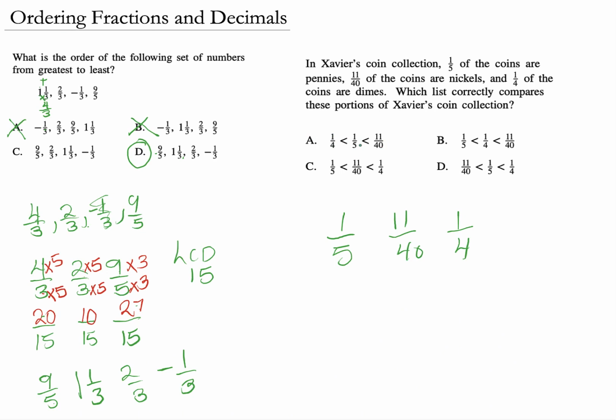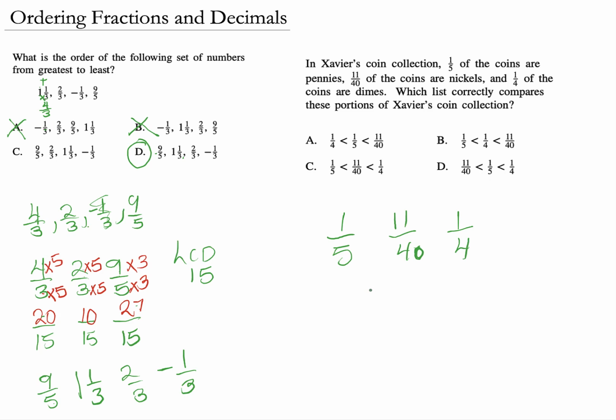But to figure out which one is in the correct order, again, we have to find the LCD. I always go for my greatest. Now, even though it says lowest common denominator, your LCD can't be the smallest number, so your LCD can't be 5 and it can't be 4. Sometimes the LCD is looking at you.